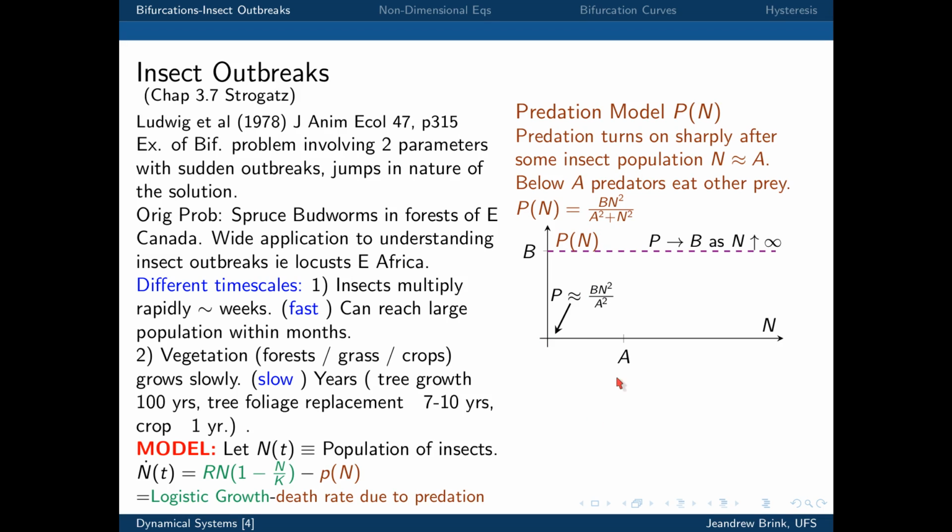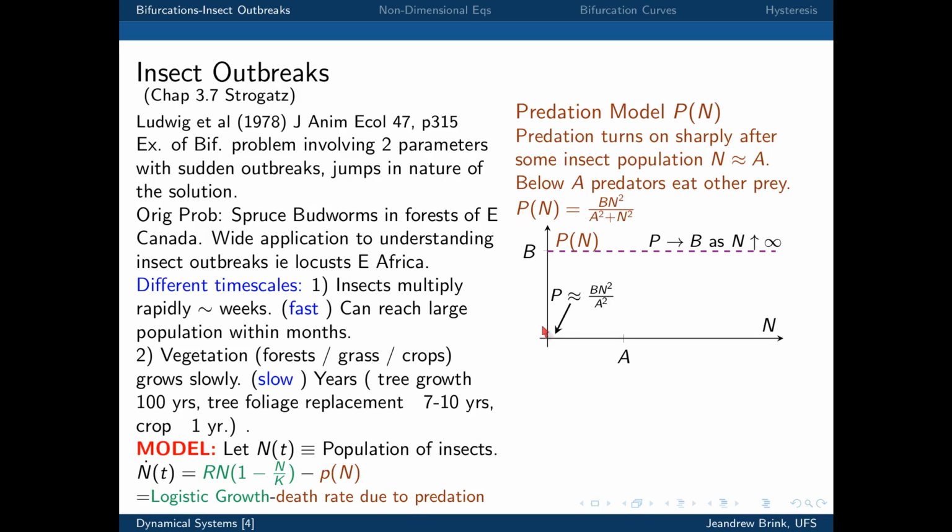Just one point we can put in the graph. When n is equal to A, we see that p of n is equal to B times A squared over 2A squared, so it's going to be equal to B over 2. So there's this point that it has to go through.